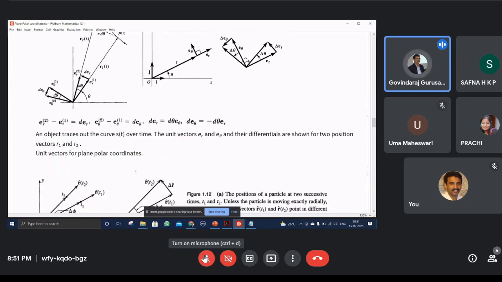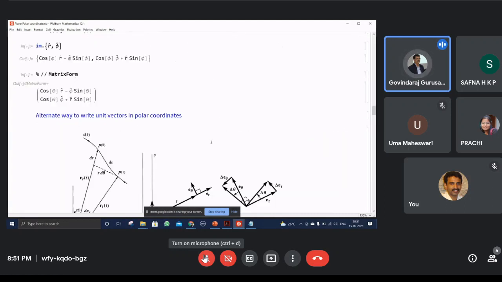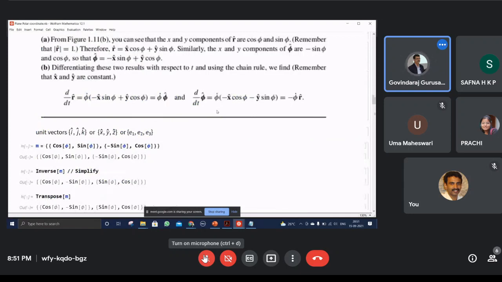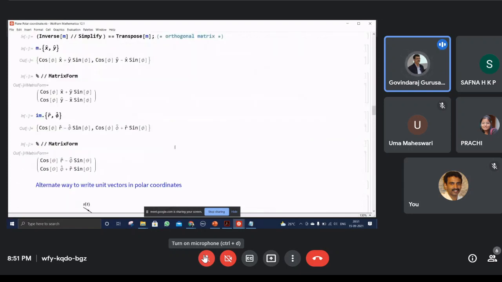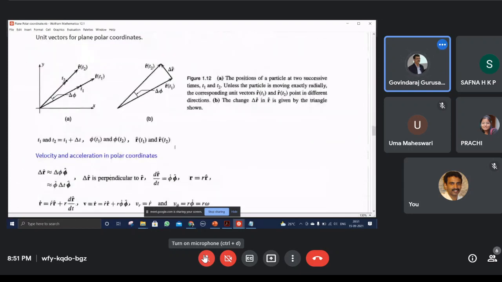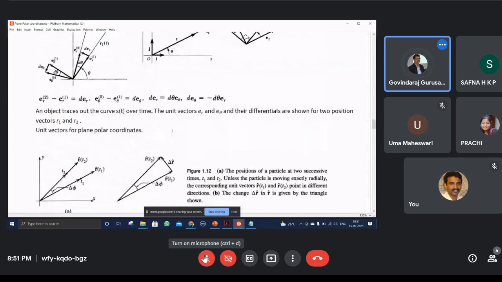If we take it, then we will get de_r by dt and de_theta by dt. If I do it on both sides, I will get r cap and theta cap here, and we can see here e_theta and e_r, with the minus sign.